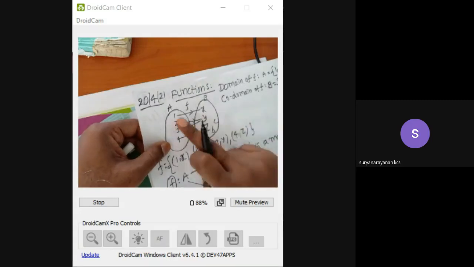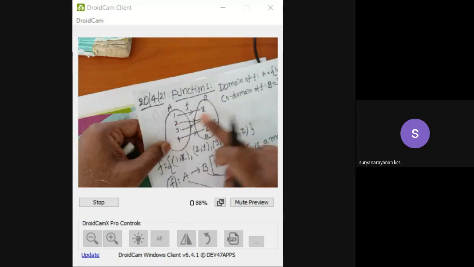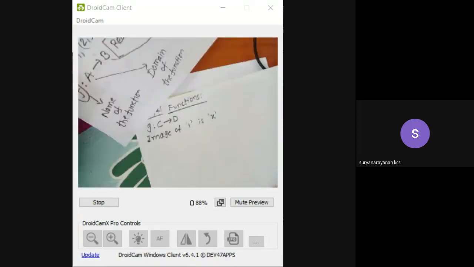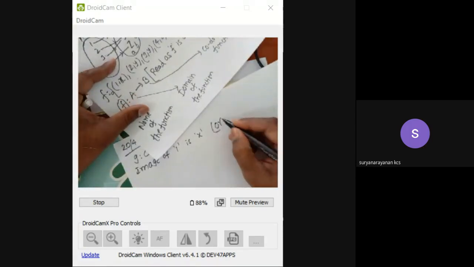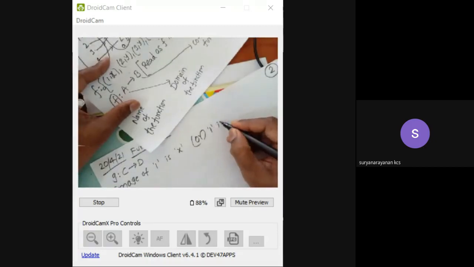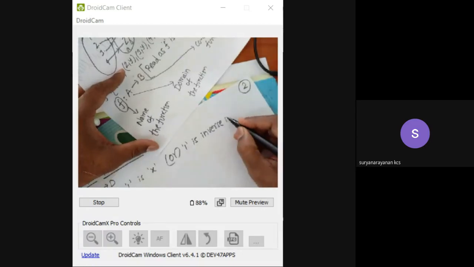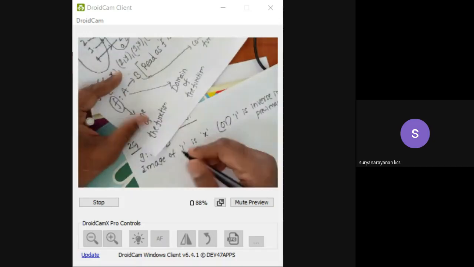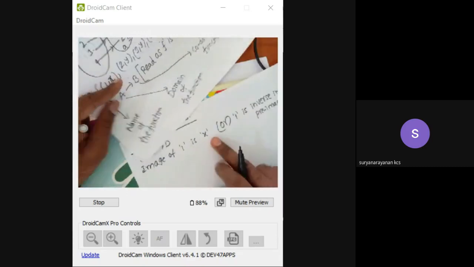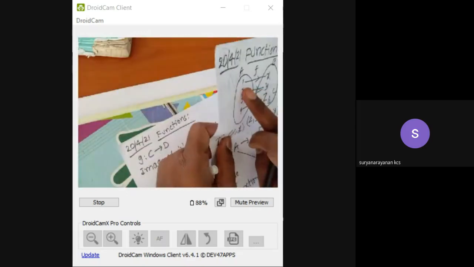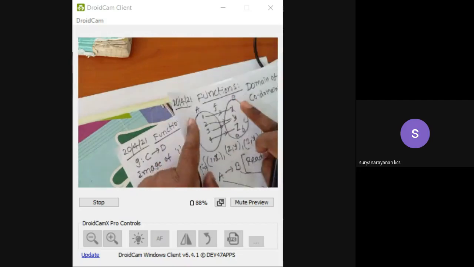In the reverse order, 1 is said to be the pre-image or inverse image. So here, the image of 1 under this function f is x.